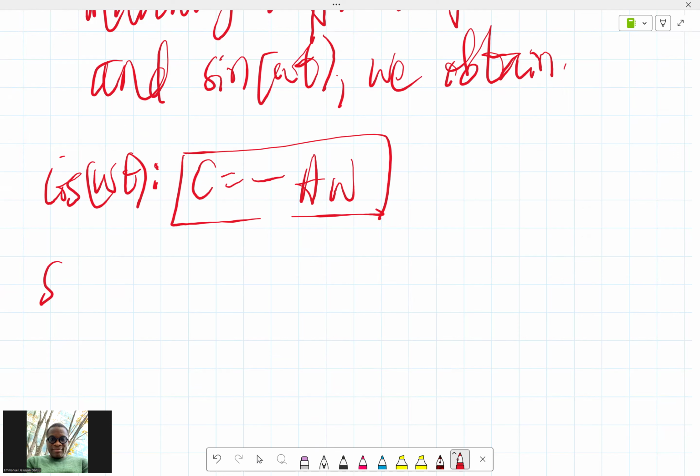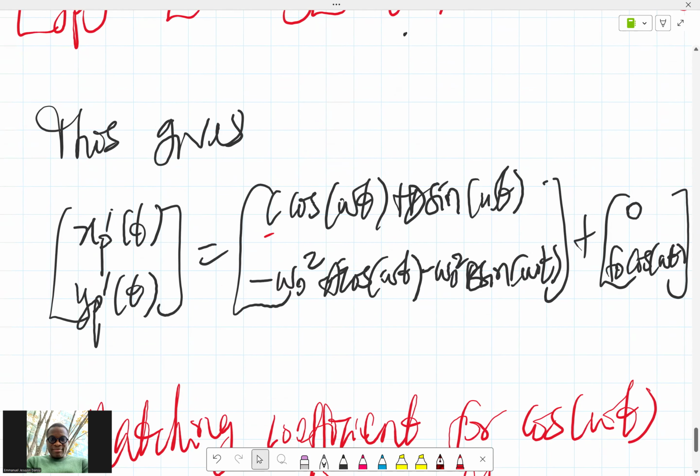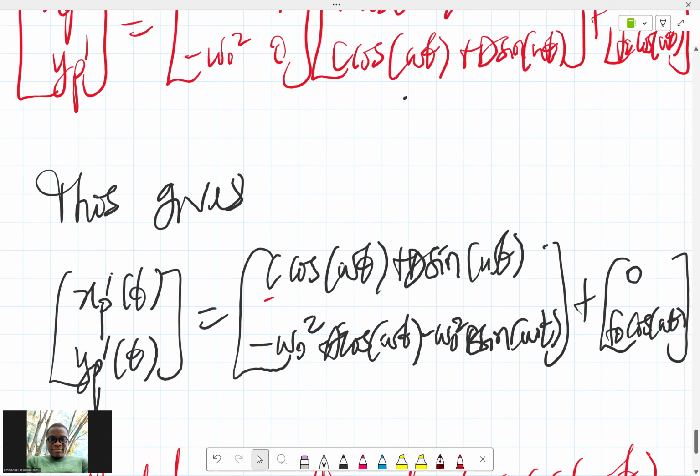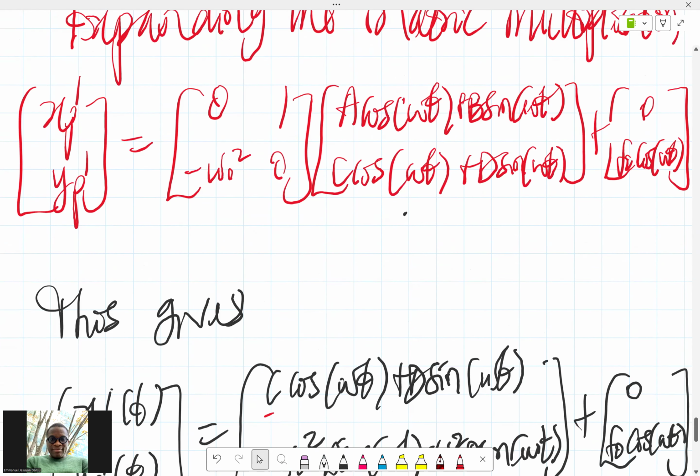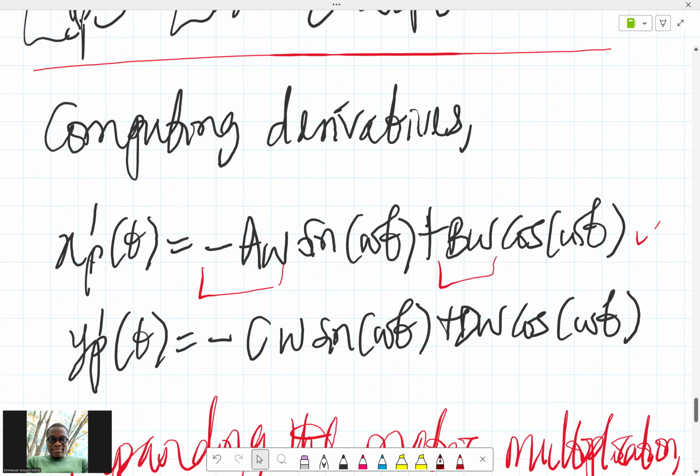Then we also have sine omega t. For sine omega t, on this side, we have D. The D here goes together with B omega.